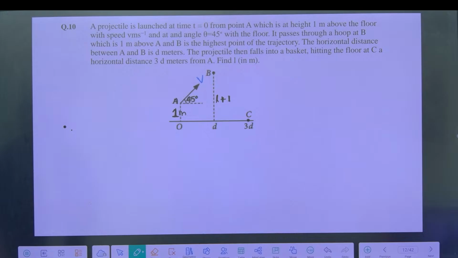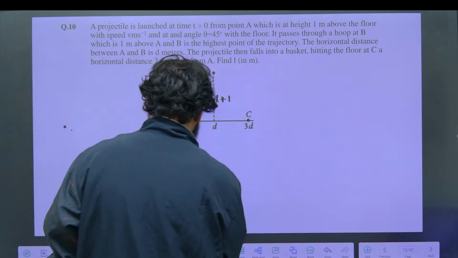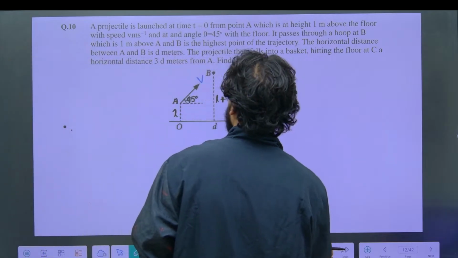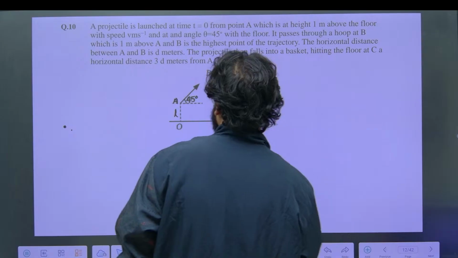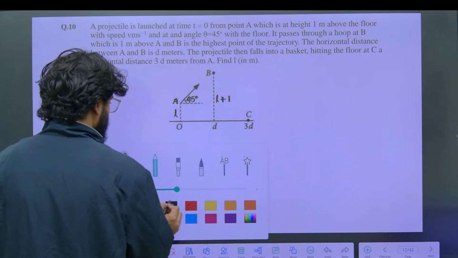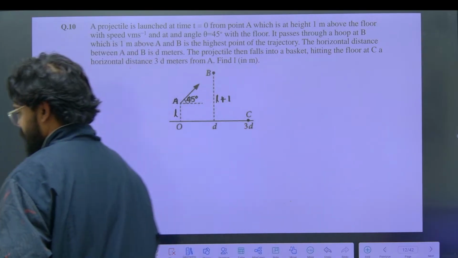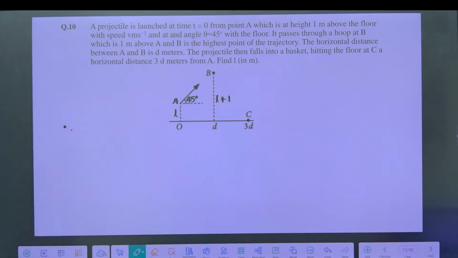It passes through a hoop placed at point B, which is 1 meter. Okay, so in reality, let me check the question. Is this correct or not?